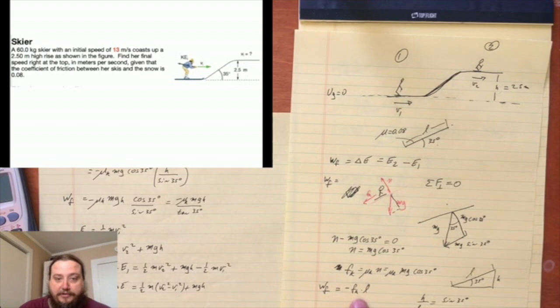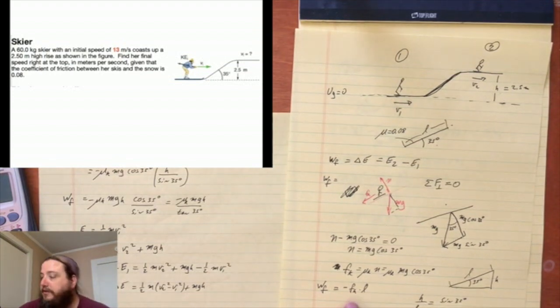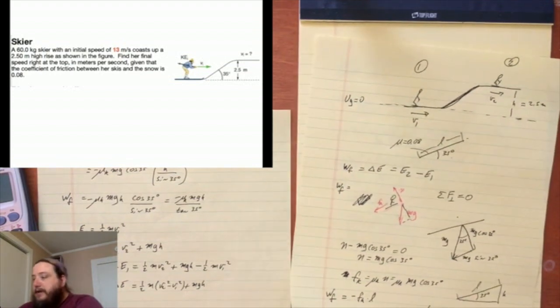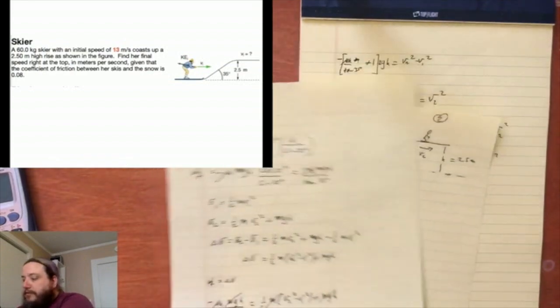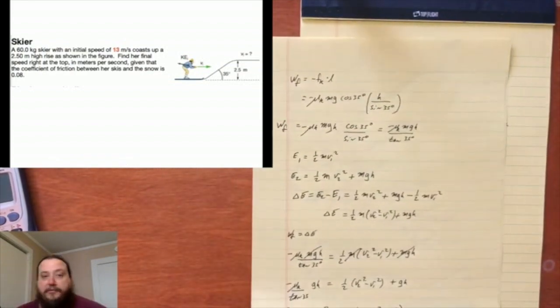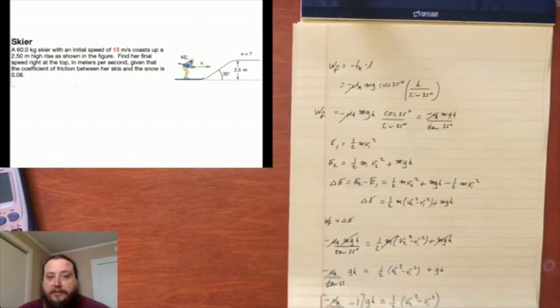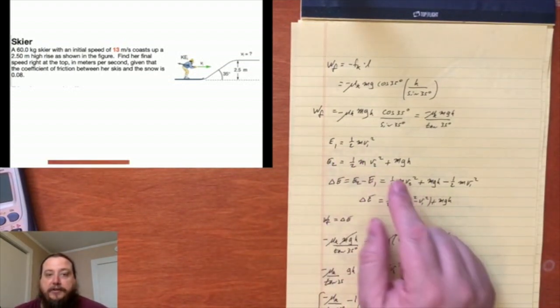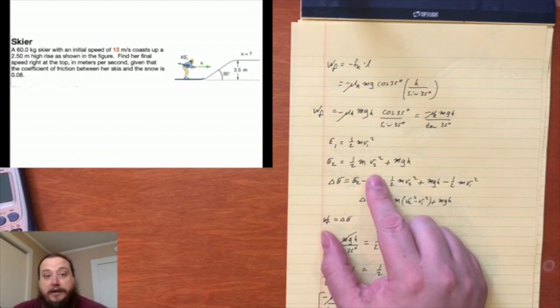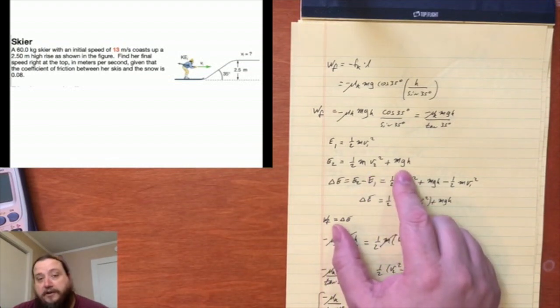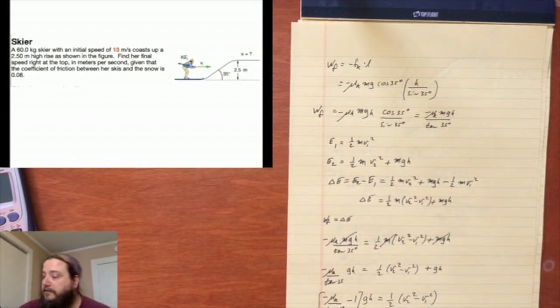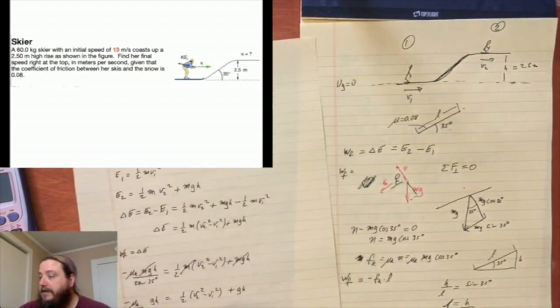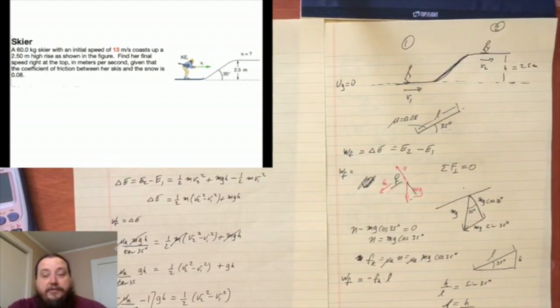Then we use the definition of work to find the work done by friction. And then on the right-hand side, for the difference in energies, we just wrote down the terms of energy that were present at each place. At moment 1, we just had kinetic energy, whereas at moment 2, we had a combination of kinetic energy and gravitational potential energy.